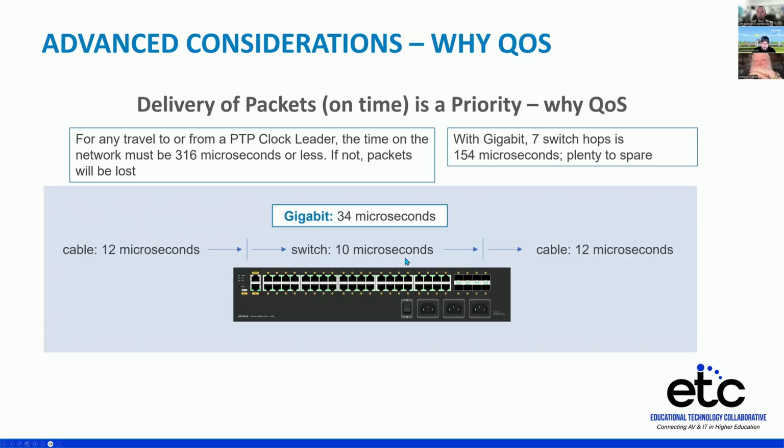The switch itself, a typical gig switch, is going to take around 10 microseconds to forward that traffic, and then we've got to get that cable to another destination, which can take another 12 microseconds. So if we consider gigabit networking, this could take up to 34 microseconds just to get the packet across the physical infrastructure. Okay. So these things we have to keep in mind, especially when we introduce multiple switches into the equation, as well as when we have a lot of devices in the system.